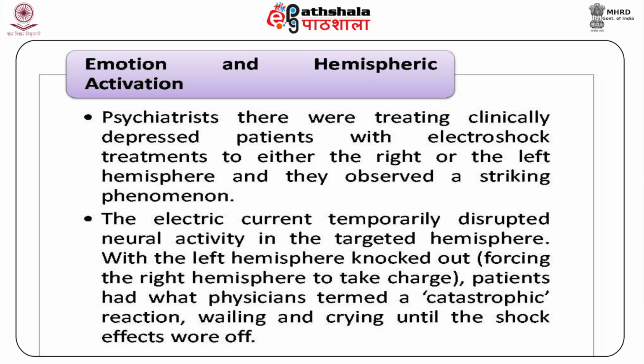Patients had what physicians termed a catastrophic reaction, wailing and crying until the shock effects wore off. But when they applied shock to the right hemisphere, allowing the left hemisphere to dominate, the patients reacted much differently. They seemed unconcerned, happy, and sometimes even euphoric.